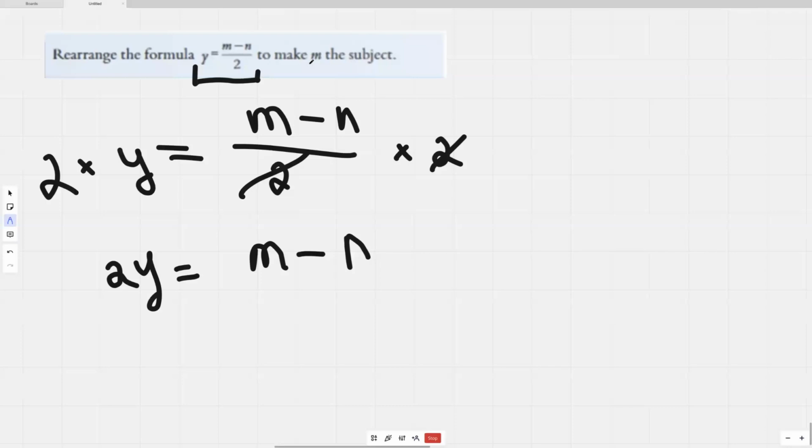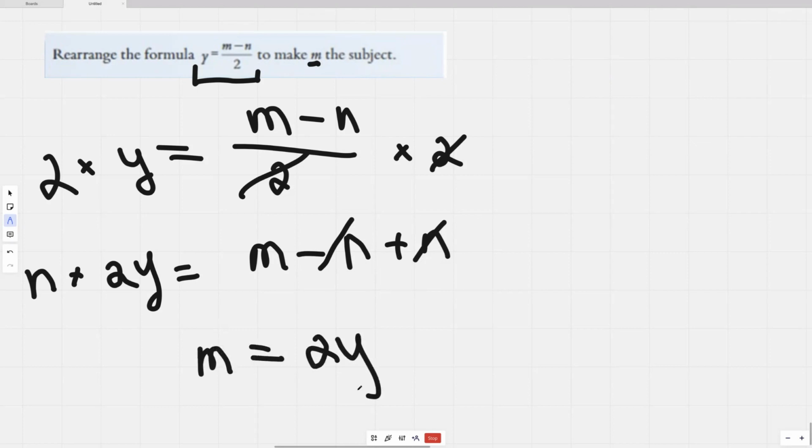So we want to find m, so we have to add n to both sides: n plus 2y, and m minus n plus n. So here again the n's will be cancelled, and then you can get the answer that m is equal to 2y plus n.